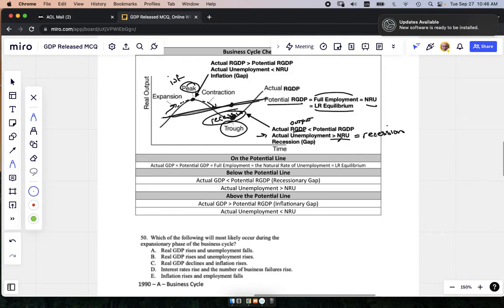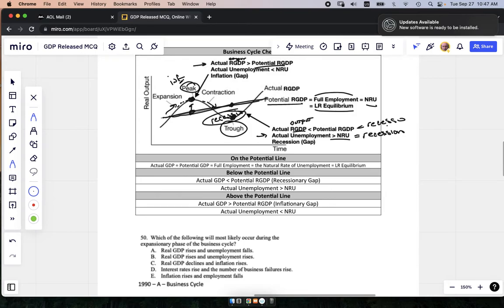Again, that's how they throw it at us sometimes. It confuses people. That is a recession again. We could flip this around and know that if we're producing way up here at the expansion or somewhere in the peak, our actual output is greater than potential. If the line is potential and we're producing way up here, we've got to have more output than potential.